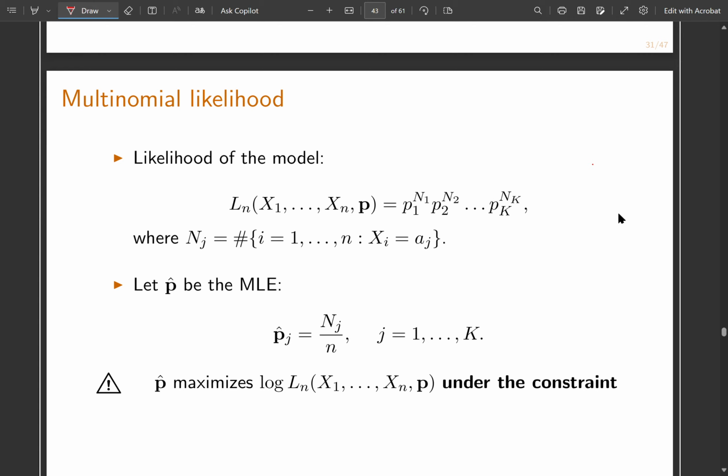So X, if you take X of the multinomial distribution, can have only a certain number of outputs. In binomial, it can have two outputs. In multinomial, it can have K outputs. So these K are called modalities.